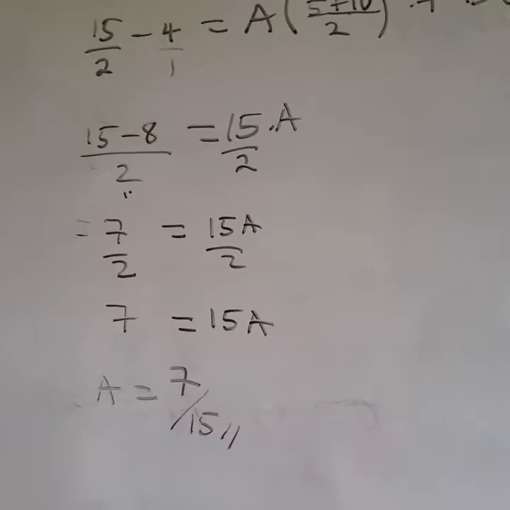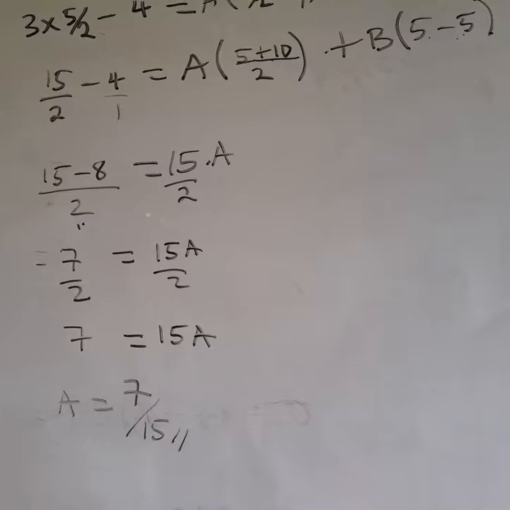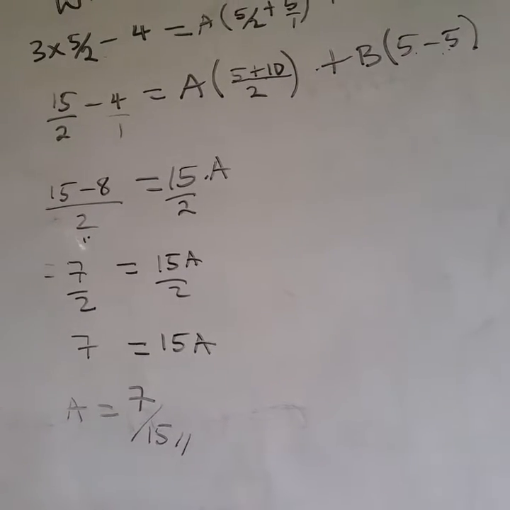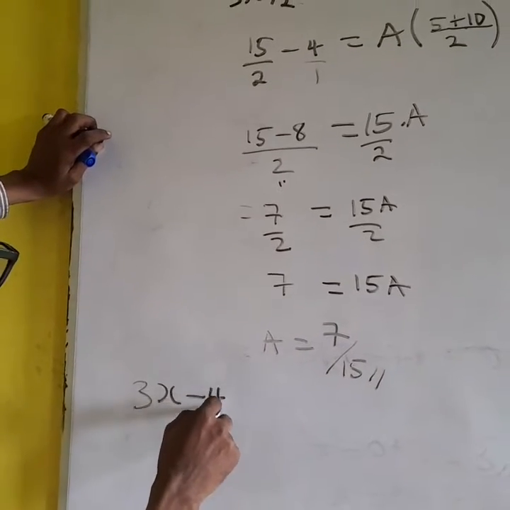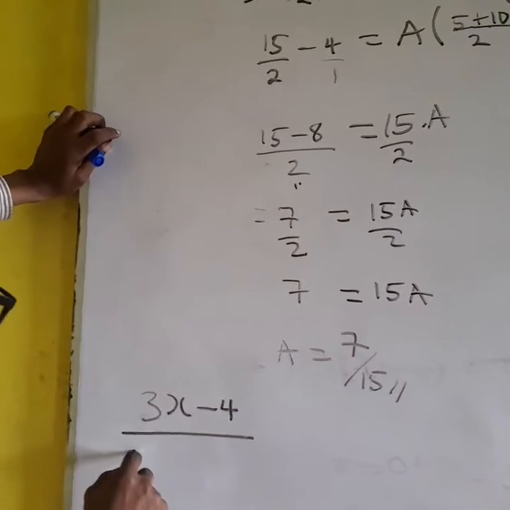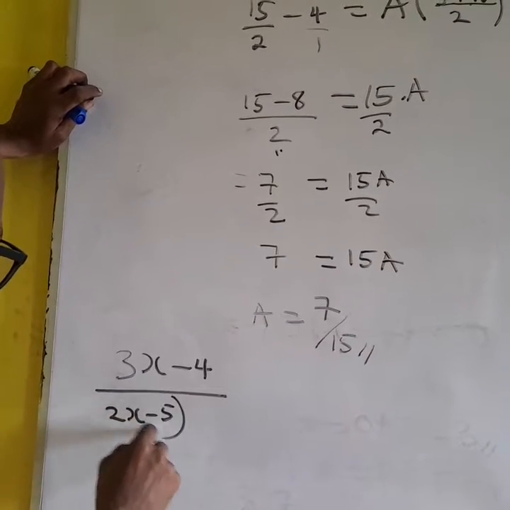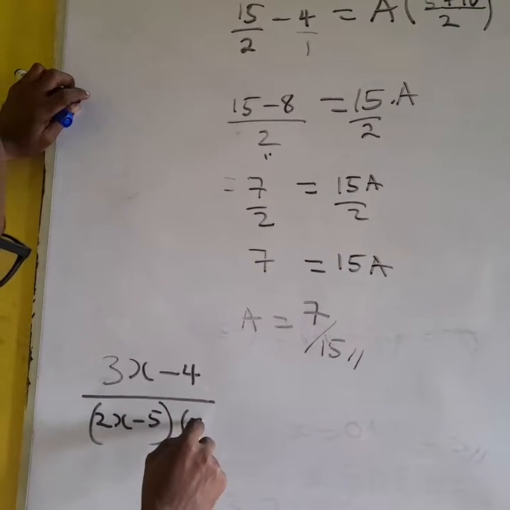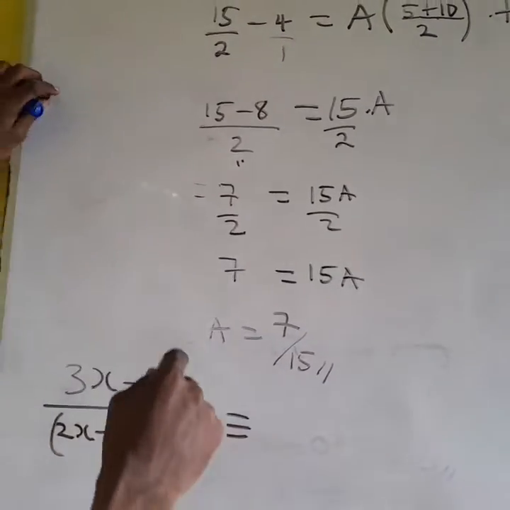So now we've gotten the value of a and the value of b. Now our partial fraction will be 3x minus 4 all over 2x minus 5 into x plus 5 equivalent to, what is a?